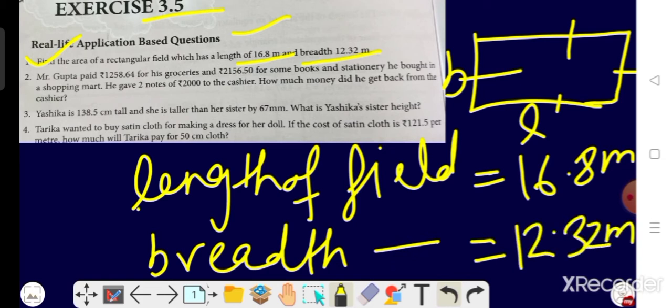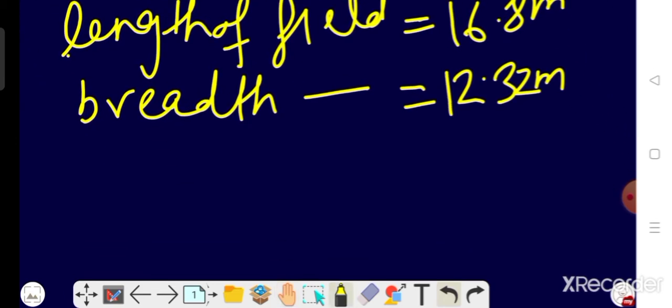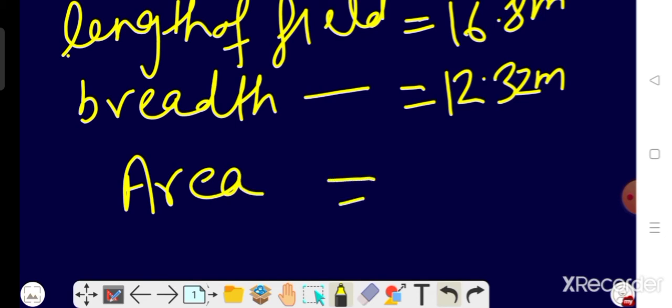Okay beta, and all of you know the formula of area of a rectangle. What is the formula of area of a rectangle? The area of a rectangle is equal to length multiplied by breadth.